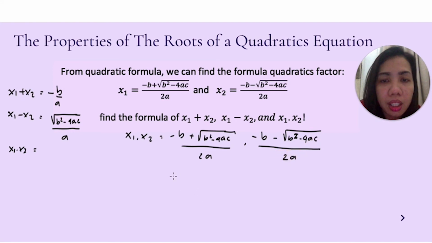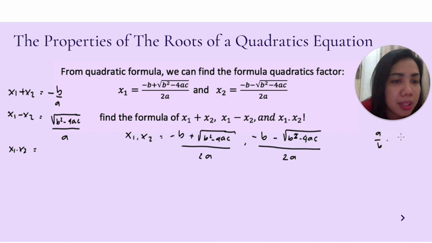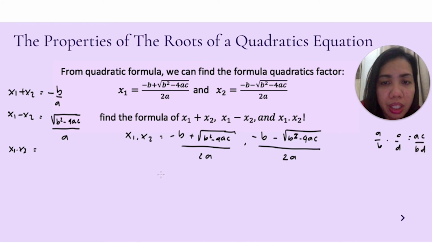As we have known, if we have the multiplication of fractions, for example a over b times c over d, then we multiply the numerator with the numerator, ac, and the denominator with the denominator. So in here we have bd. So in here we have to multiply this one by one.